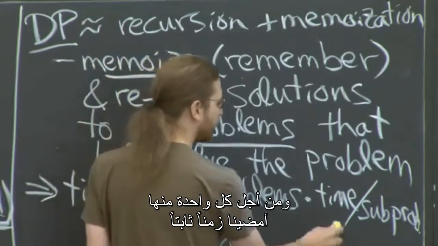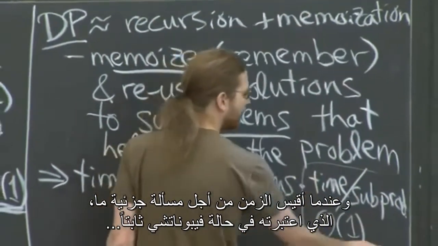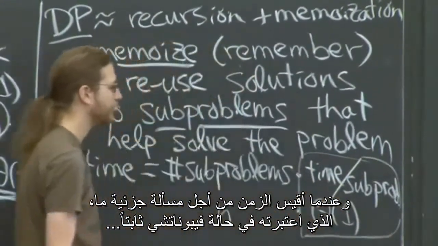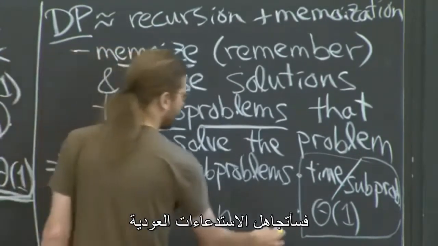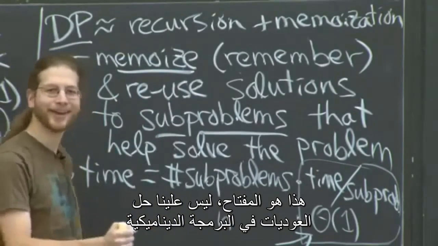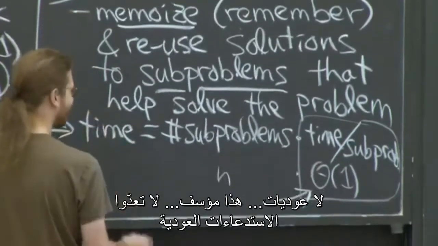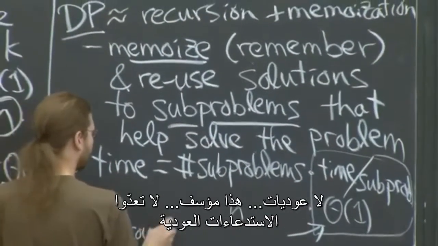And for each of them, we spent constant time. And when I measure the time per subproblem, which in the Fibonacci case I claim is constant, I ignore recursive calls. That's the key. We don't have to solve recurrences with dynamic programming. Yay! No recurrences necessary. Okay, don't count recursions.